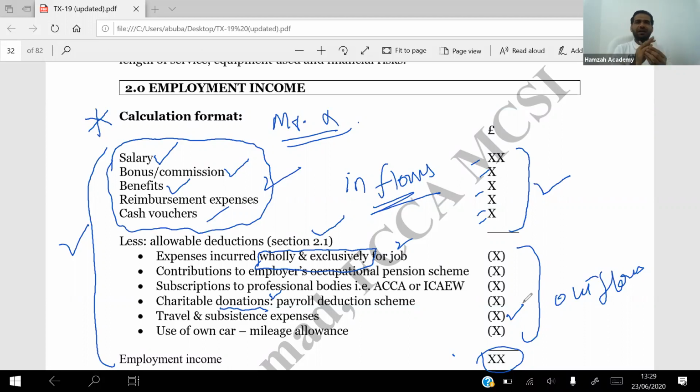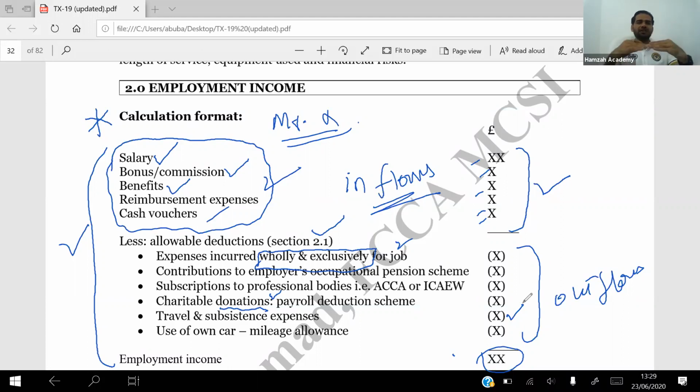It means if I am putting, say, 100 pounds worth of fuel in my car every month, it will be really hard to identify how much exactly out of that 100 pounds of fuel I have spent for work purposes.